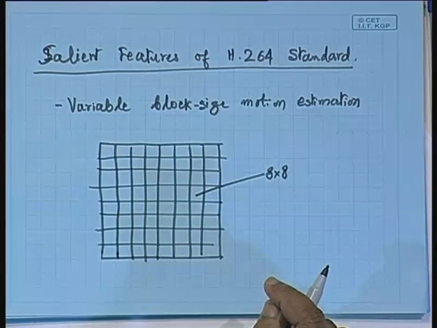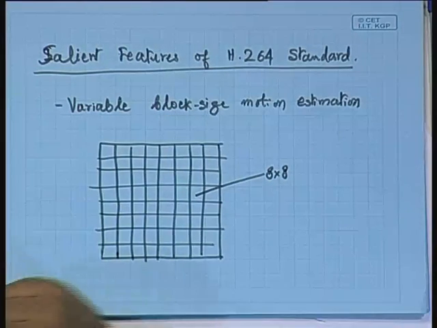Now, let us first discuss why is this 8 by 8, why not 4 by 4, or why not 16 by 16, or why not 32 by 32, who decides that it is 8 by 8? Well, if we make the block size very large, what advantage do we have?